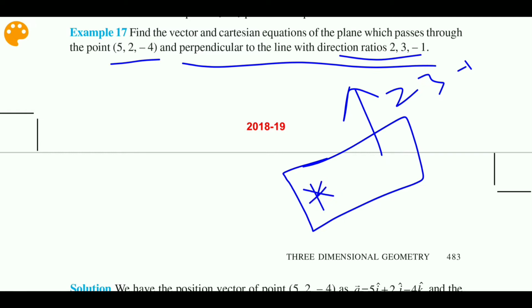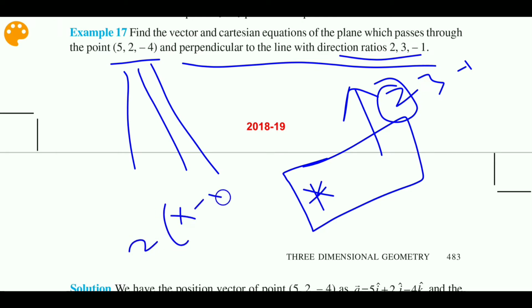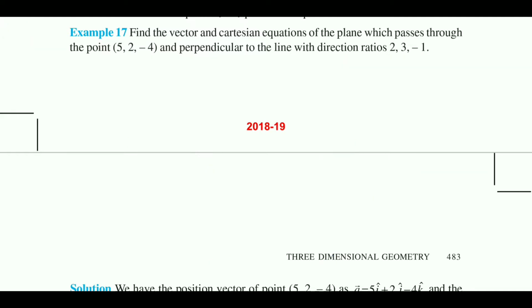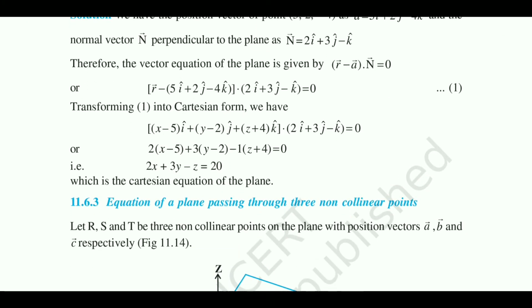You can always do this: x minus this, y minus this, z minus this, each multiplied by the direction ratios. So 2 into x minus 5 plus 3 into y minus 2 minus 1 into z plus 4, put it equal to 0 and solve this equation, get your answer. 2 into this plus 3 into this plus z into this, solve, this is the required answer.